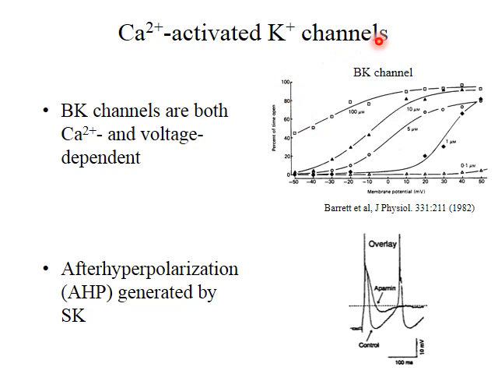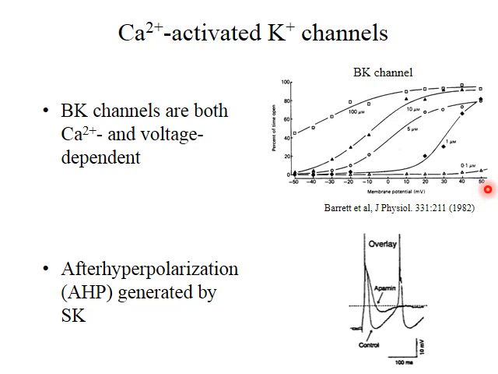The diagram in the upper right shows the current voltage relation recorded from cells expressing BK channels. And this diagram illustrates that the BK channel is sensitive and controlled both by voltage and by calcium. When calcium within the neuron is at a low level, 0.1 micromolar or 100 nanomolar, we see that the open probability of the channel is very low, never increases more than to about 5%, even when we depolarize the cell to plus 50 millivolts.